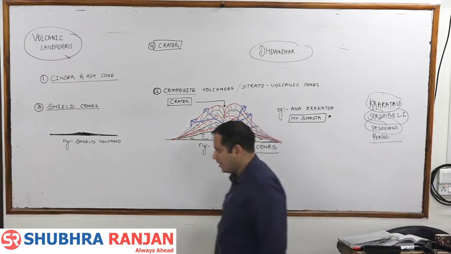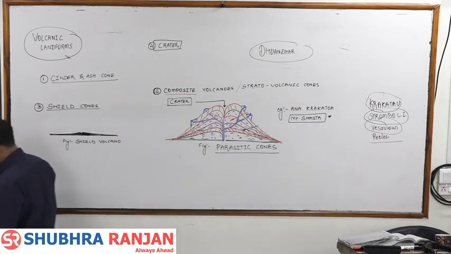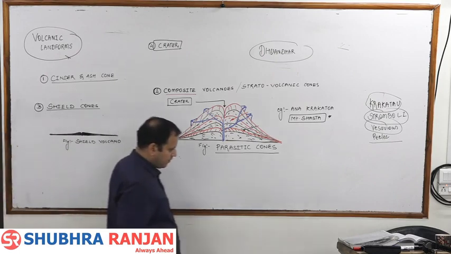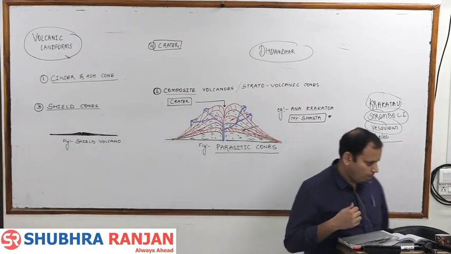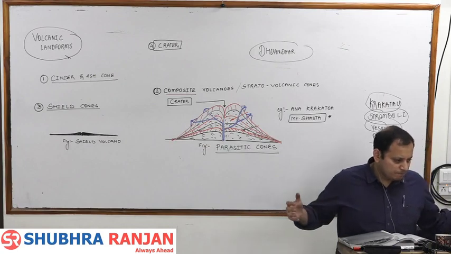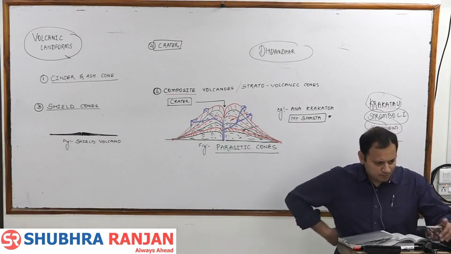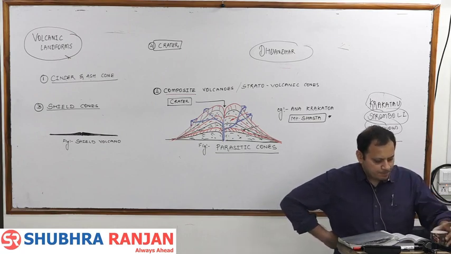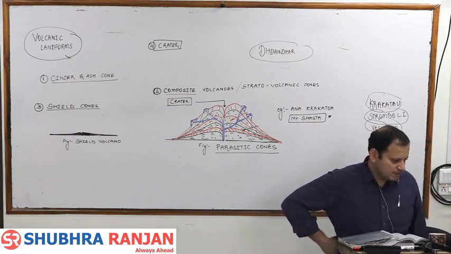Sometimes in the composite volcano, the central opening collapses, and a very large crater is formed.